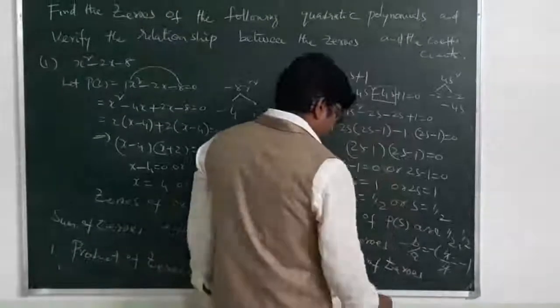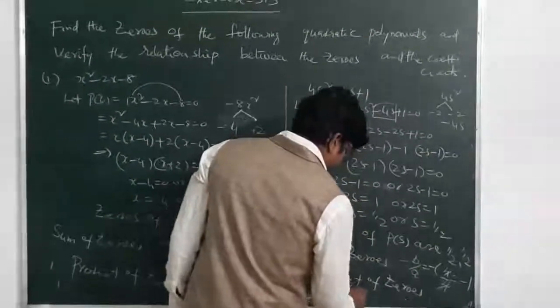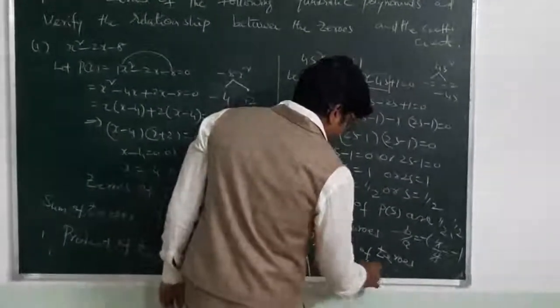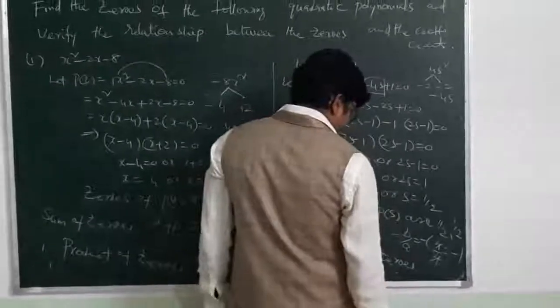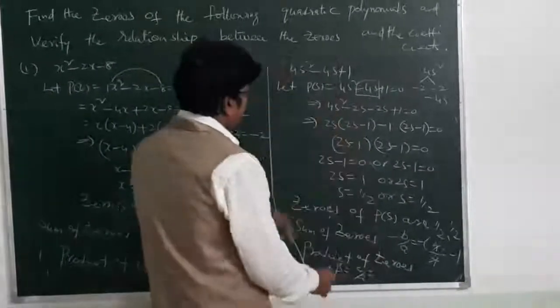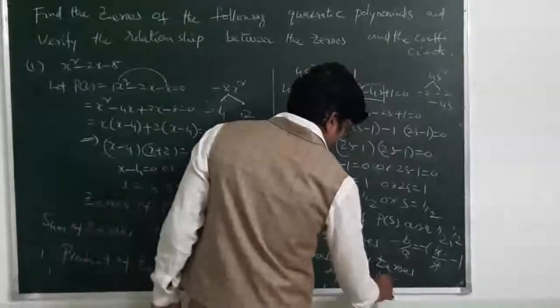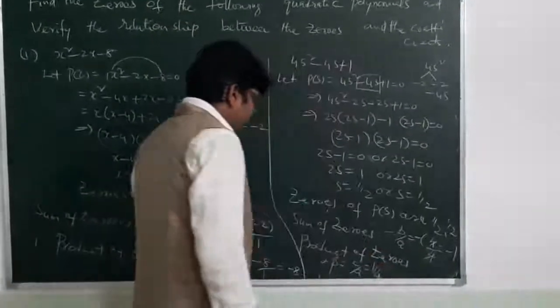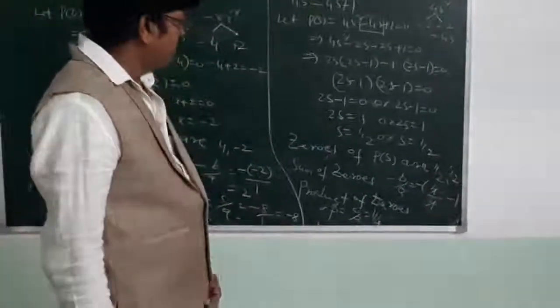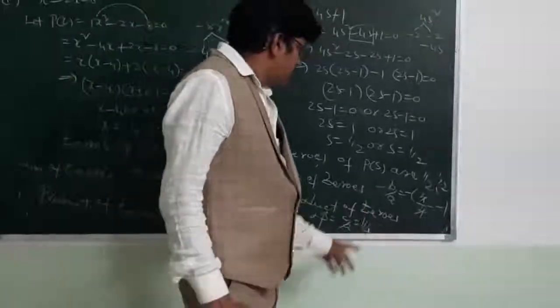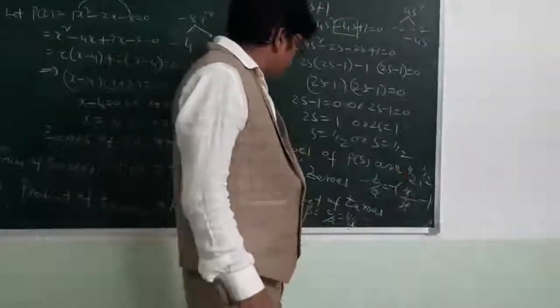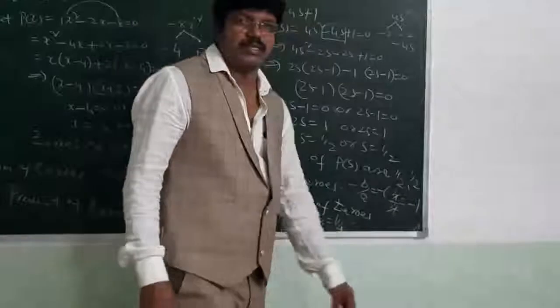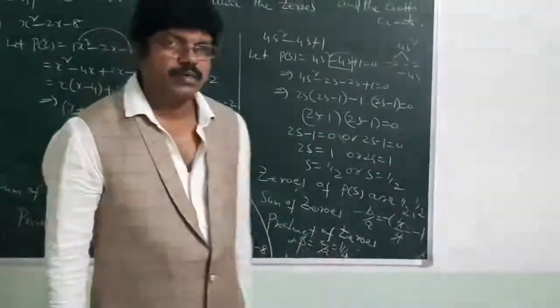Product of zeros, alpha beta, equal to c by a. What is c? 1. So 1 by 4. That's it. Of course, if you multiply the zeros also, you will get this answer. Copy down, guys.